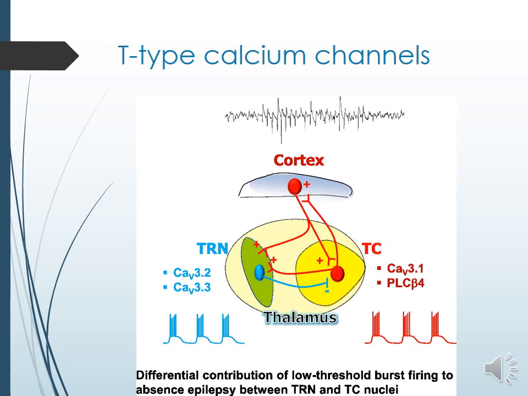Coming to the T-type calcium channels, this is the circuit of the thalamus and the cortex. On the blue side, you see the thalamic reticular nucleus. In the red, those are thalamocortical neurons, and finally the cerebral cortex. This forms a network. And the burst firing of this thalamocortical network is believed to be responsible for the generation of absence seizures.